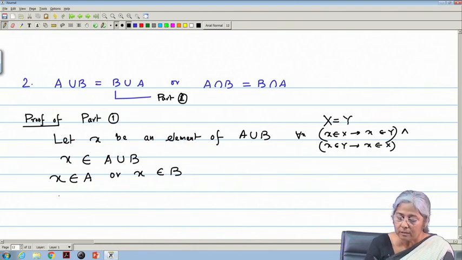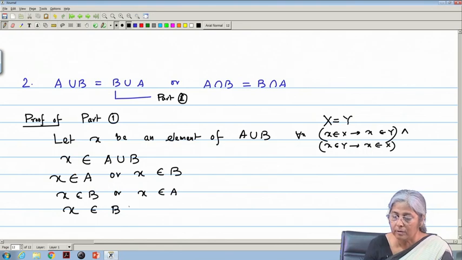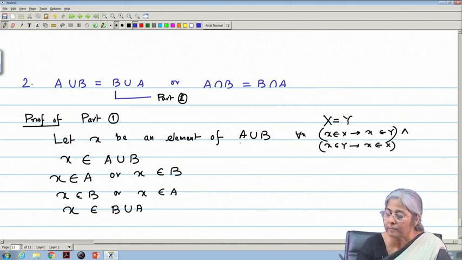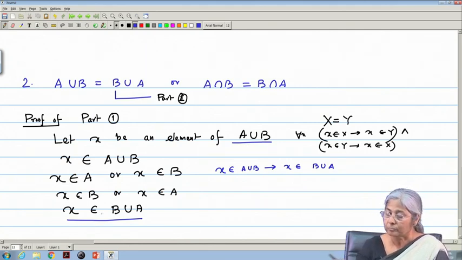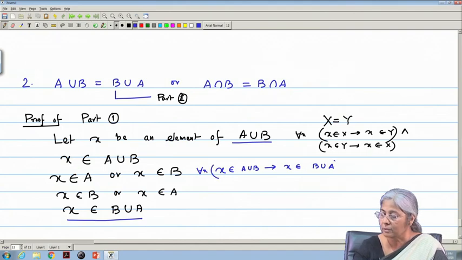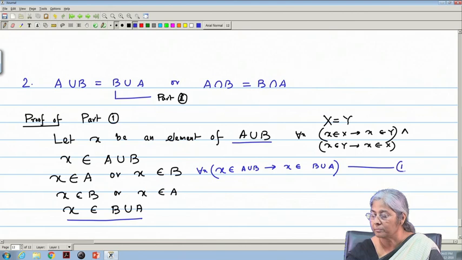So, I can write that x belongs to B or x belongs to A. That means x belongs to B union A. So, I have shown that x belongs to A union B implies x belongs to B union A, for all x. So, this is one we have shown.